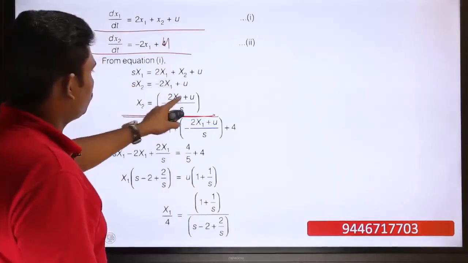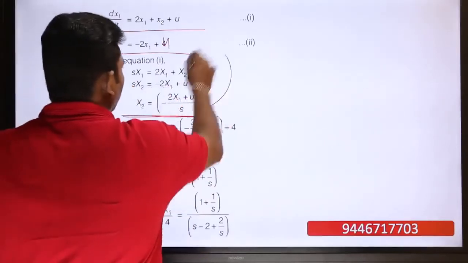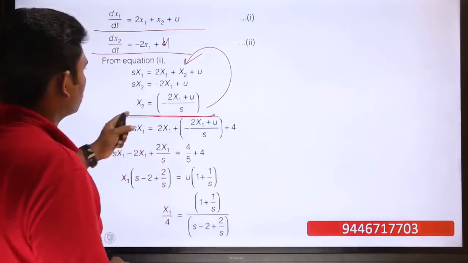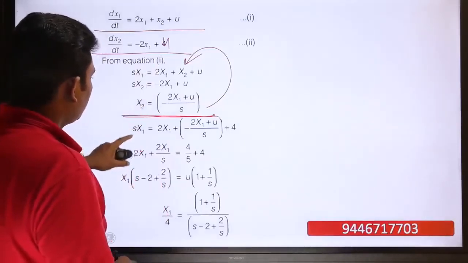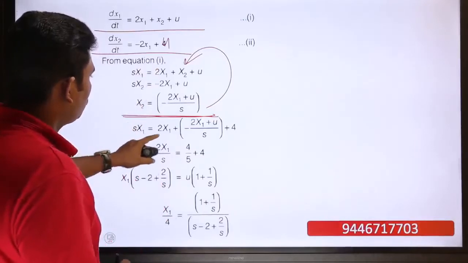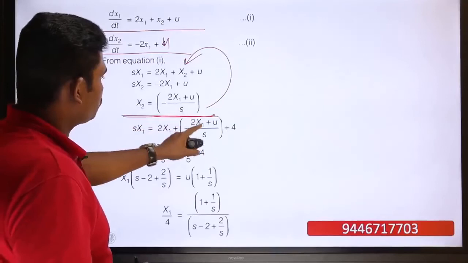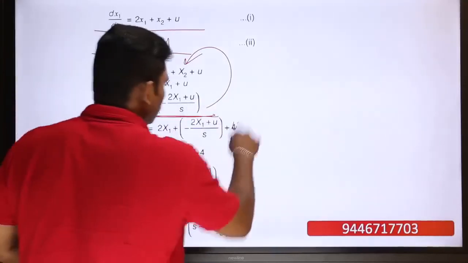So it is minus 2x1 plus u whole divided by s, and we will be able to put this value of x2 into equation number 1. So when we are putting this value of x2 into equation number 1, equation number 1 gets converted to s x1 equals 2x1 plus minus 2x1 plus u divided by s plus u.